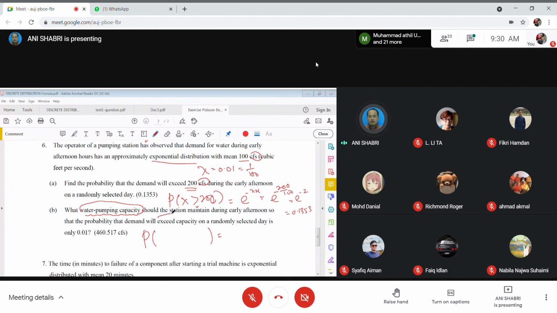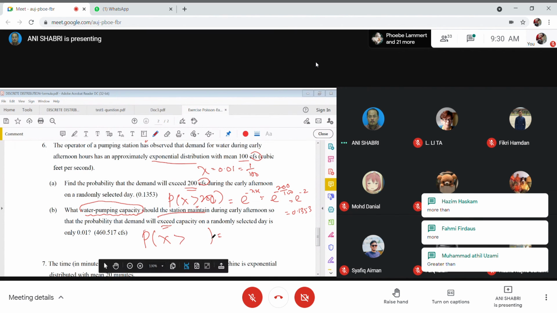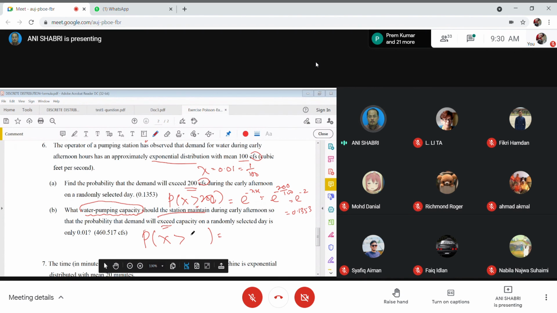Exceed capacity. What is the symbol for exceed? More. Okay, the capacity is not given, so we can put any letter. I just put C for capacity. We want to find the value of C. It is equal to 0.01.